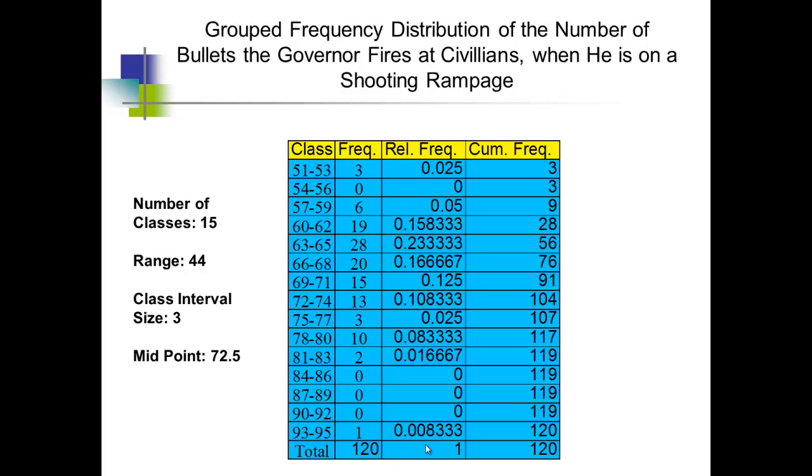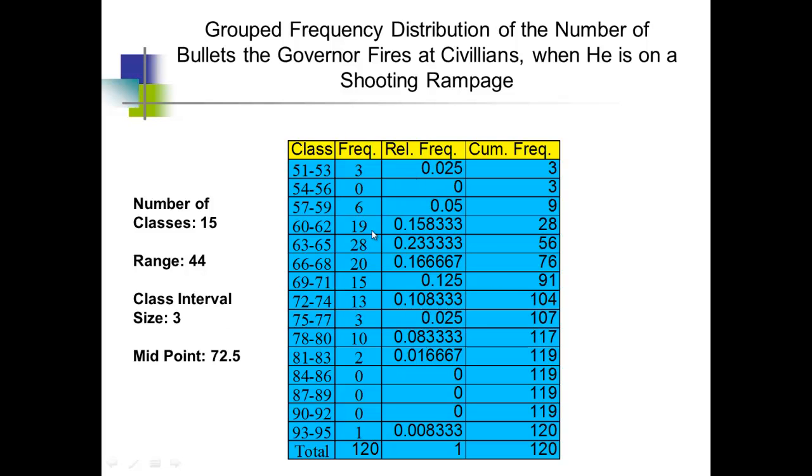We basically have come up with 15 classes, and the class is 3 wide. So 3 being 93, 94, 95, 90, 91, 92. We've determined that the midpoint is 72.5, which is smack dab in the middle, right about here, and that the range is 44.